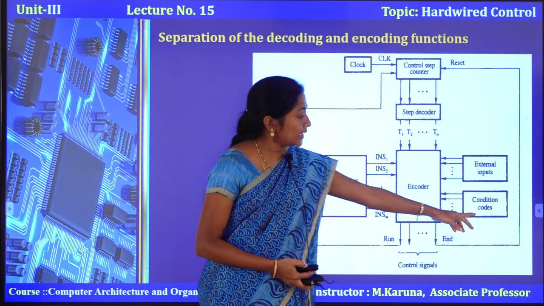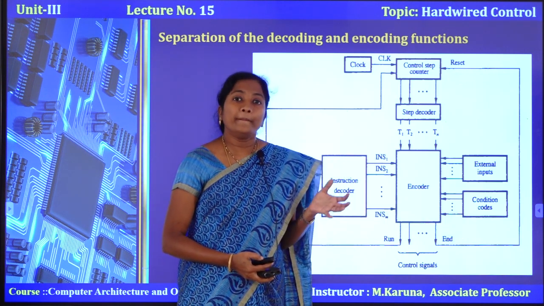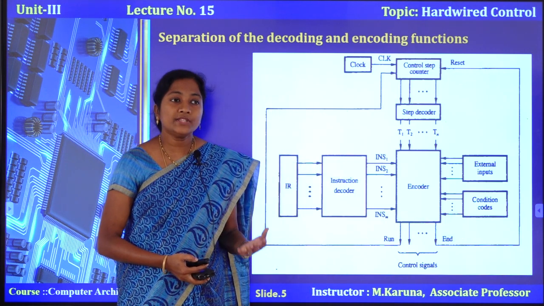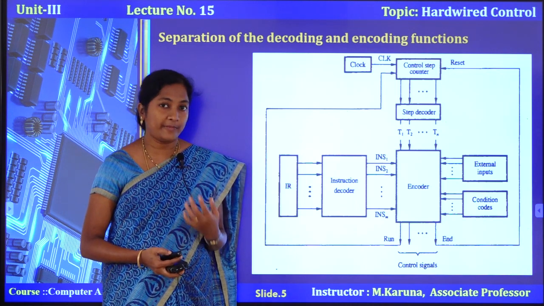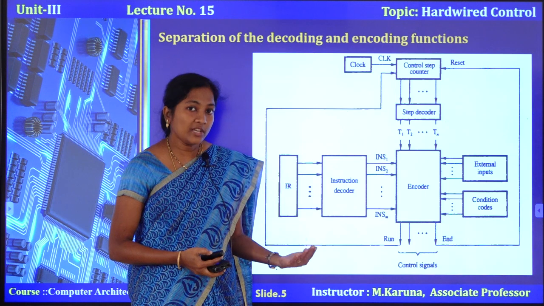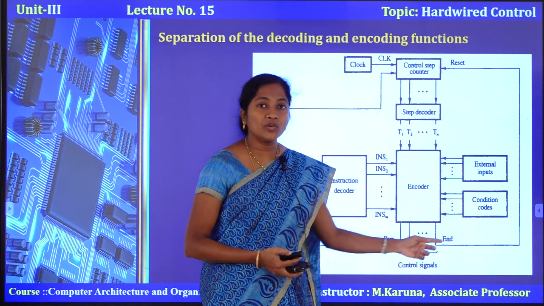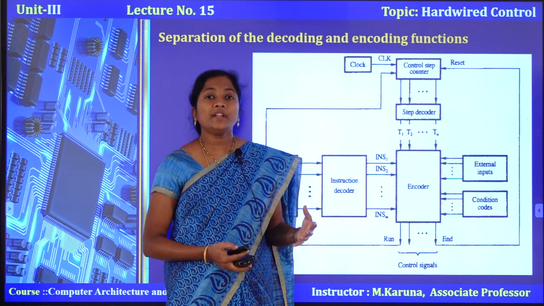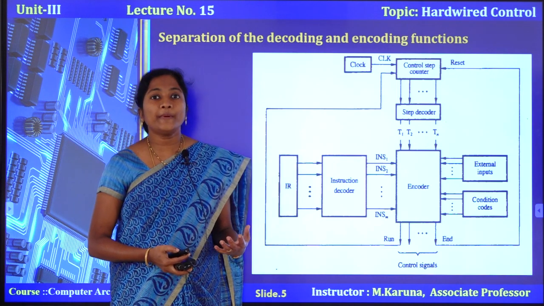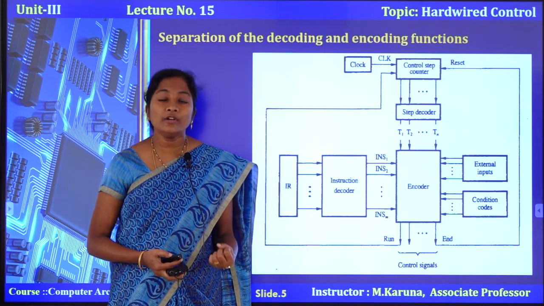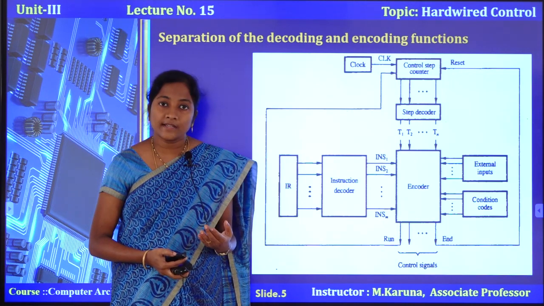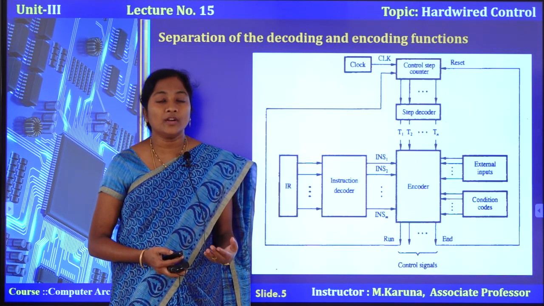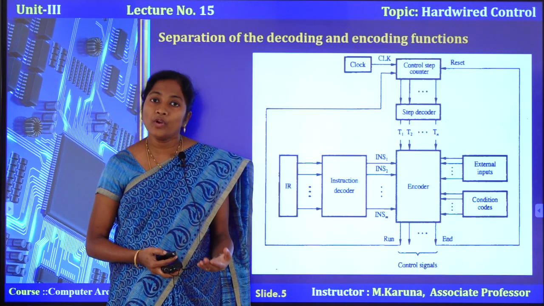Okay. So, here condition codes. If you take a branch instruction, branch instructions are of two types, okay, unconditional branch and conditional branch. In case of conditional branch, condition codes are nothing but, after performing any operation, if the output is 0, then the zero flag will be set to 1. If the output is negative, then the sign flag or negative flag will be set to 1.